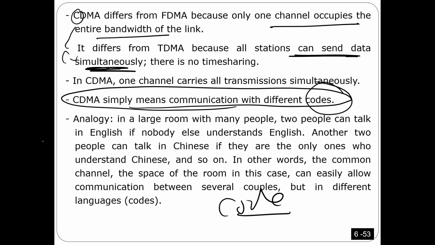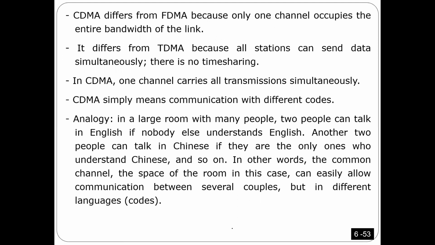I have a very good analogy here. It's not mine for sure. I got it from the textbook I like. If you are sitting in a room and we have two people speaking in English, and at the same time two other people speaking in Chinese, the persons speaking in English are using the same code, so they can understand each other.